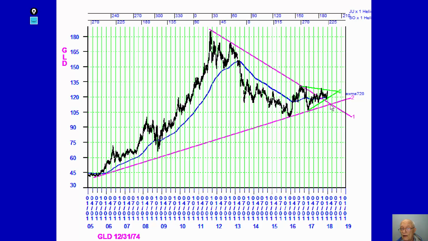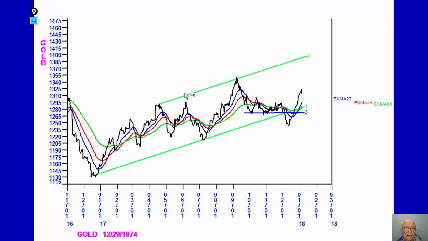But this is a converging triangle. This apex, which is coming up soon, is suggesting, it's only a suggestion, this is technical analysis, I'm not making any recommendations on what you might do, but you might want to look at gold. This is the GLD Exchange Traded Fund, and this is gold futures. This is just the clothesline and some exponential moving averages.